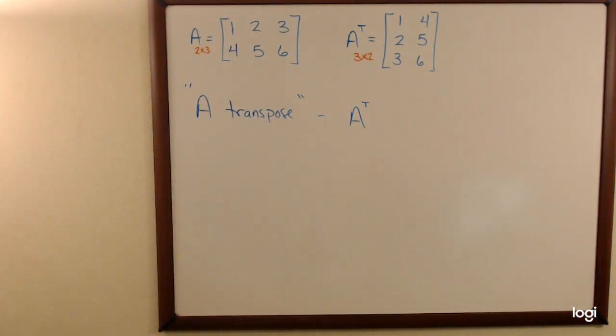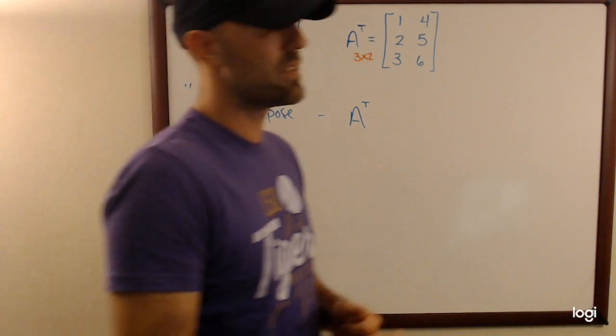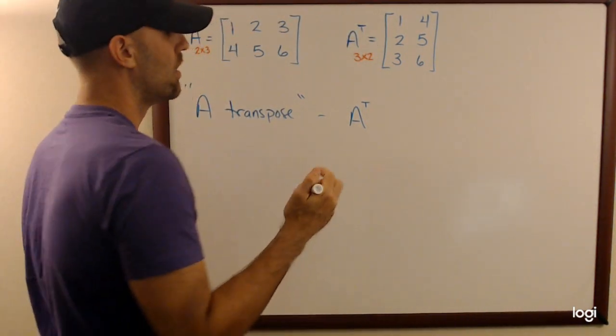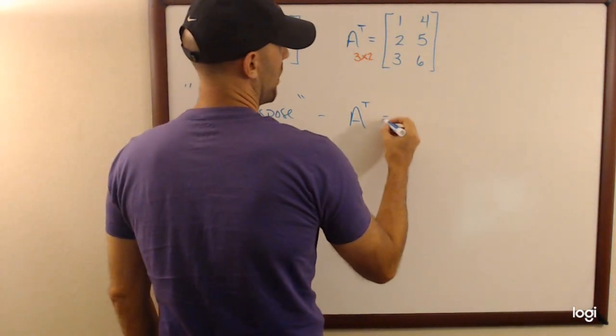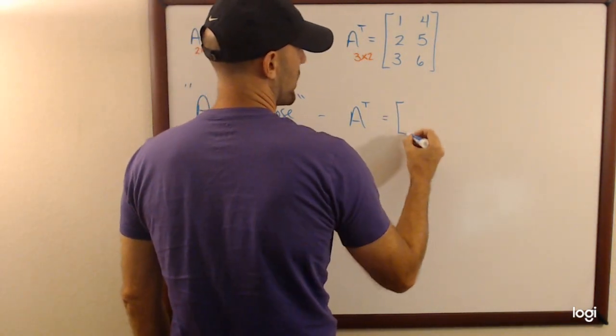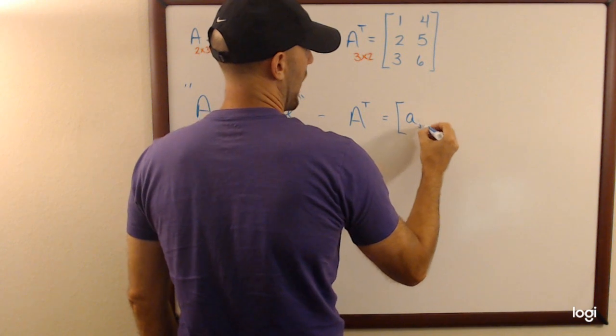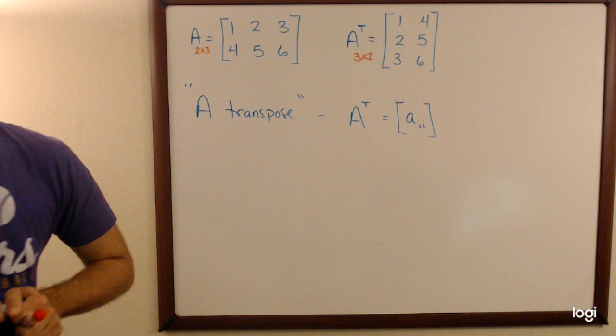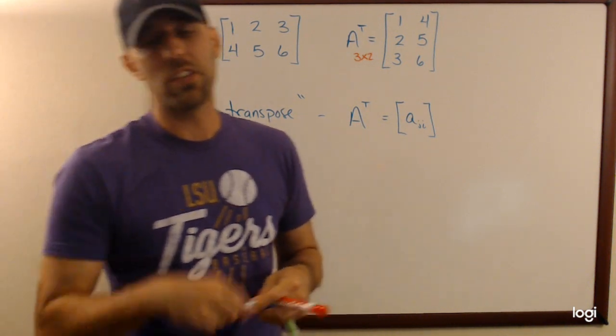The formal definition is honestly very simple. A transpose is just the collection A sub ji. All the transpose actually does is swap the indices.